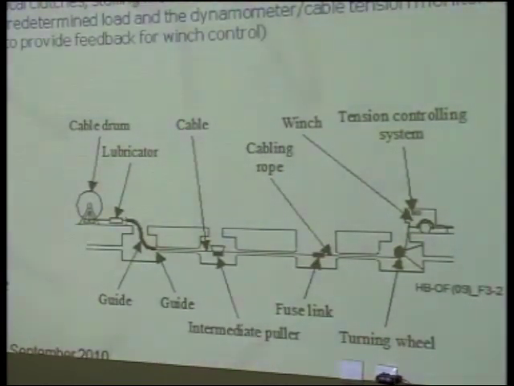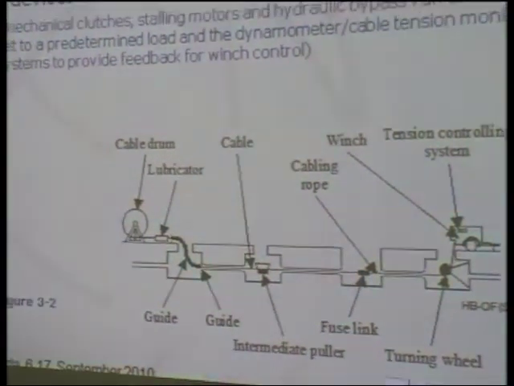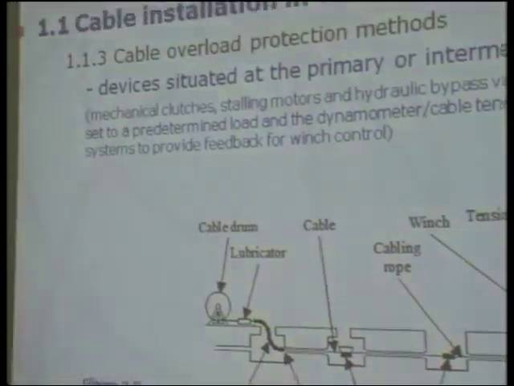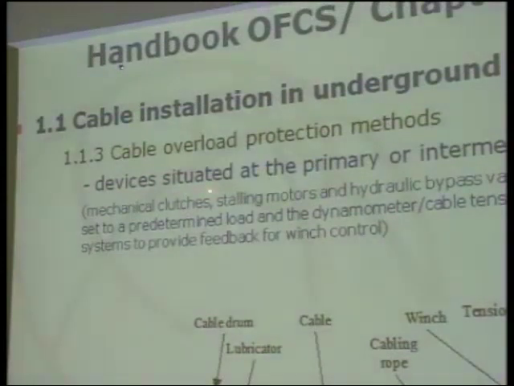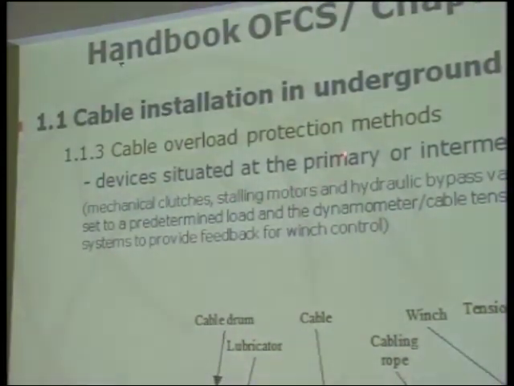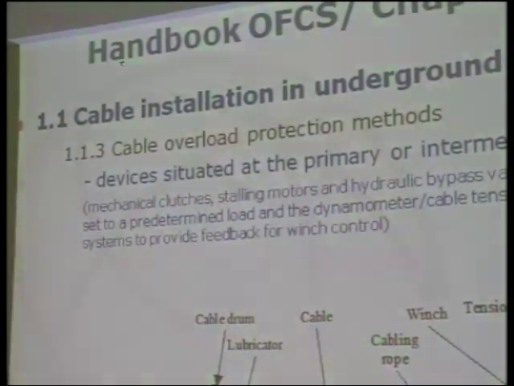There are several ways to try to avoid any problem with this operation. One important way is to put a device in the primary or intermediate switch that can measure the force, the tension that is applied to the cable.